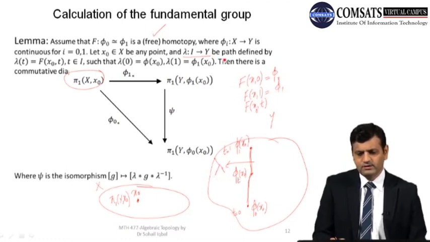So let this be the path defined by this, such that lambda of 0 is equal to phi naught of x naught and lambda of 1 is phi 1 of x naught.